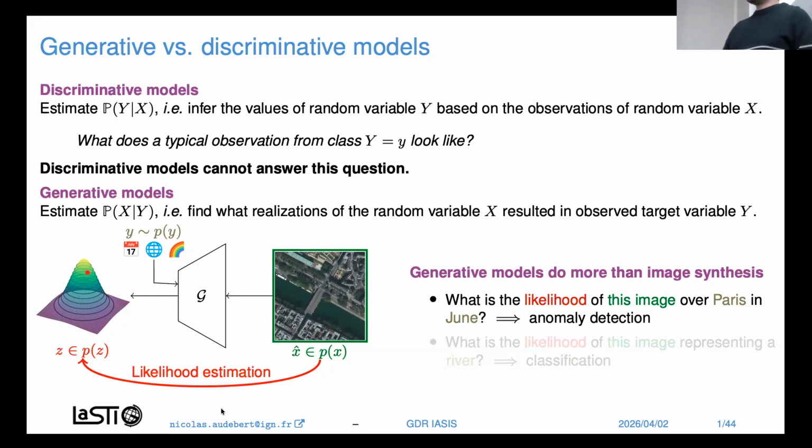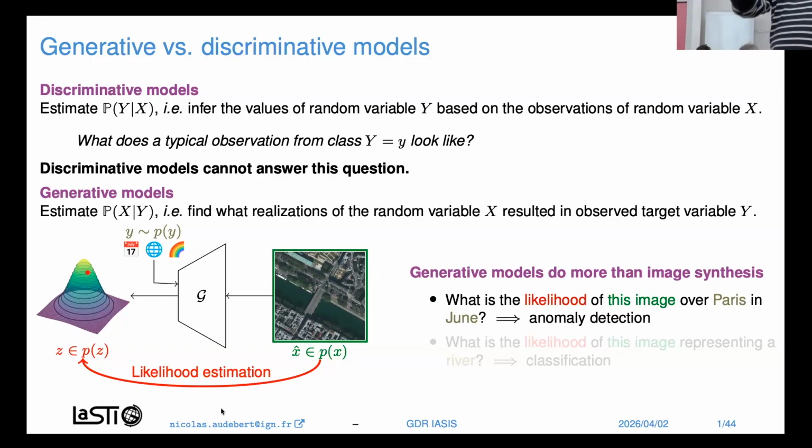But if you take it in the opposite direction, if you have a real image, you can project it into the latent space of your generative model and try to answer the question, what is the likelihood of this observation, given, for example, some kind of metadata, some kind of conditional variable that you have conditioned your generative model on.